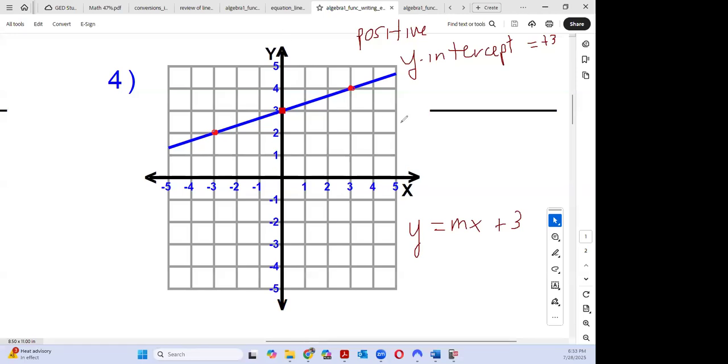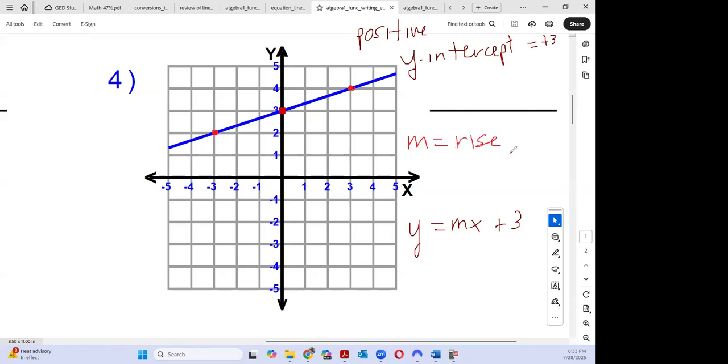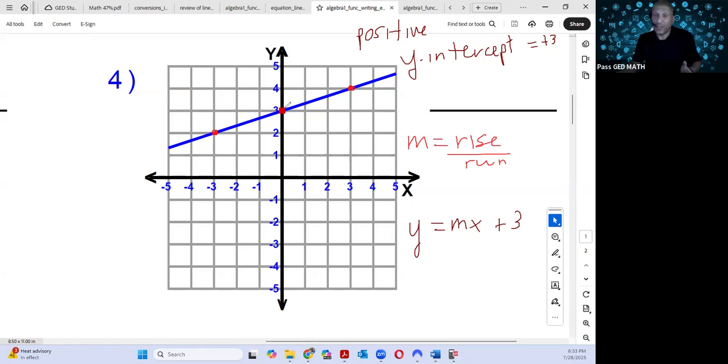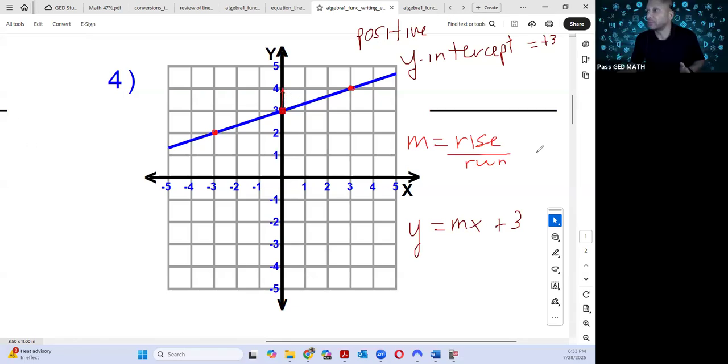So how do I find the slope from a graph? Rise over run. So I'm going to start with this point right here. How many do I need to go up? One. So my rise is 1. Now I need to go over.